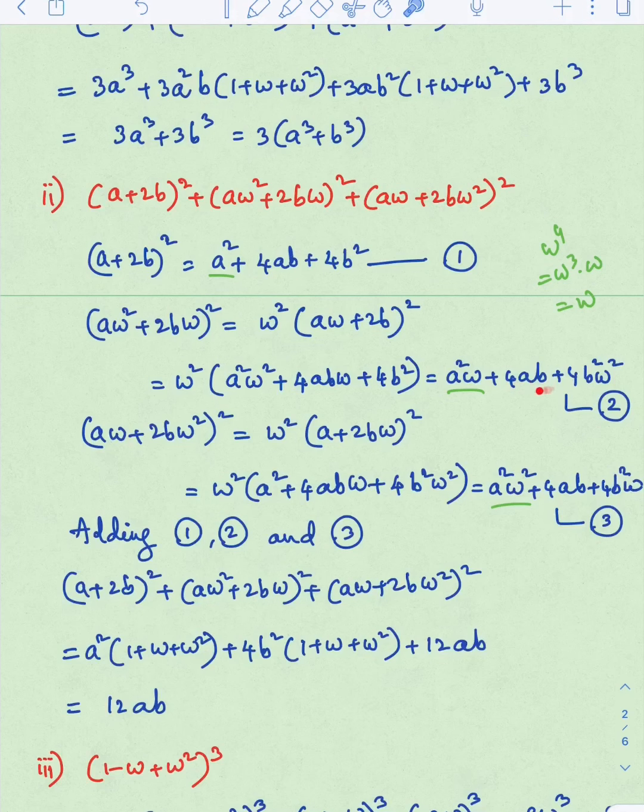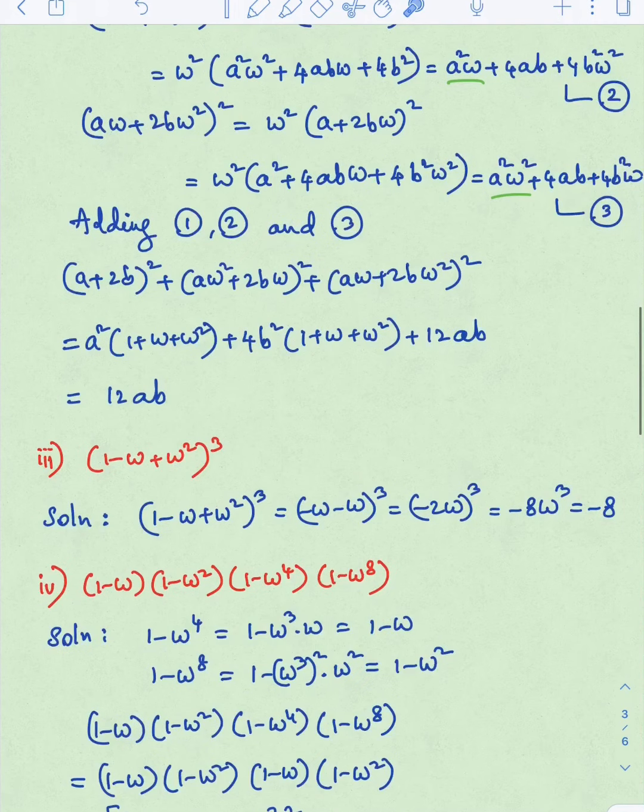This one. Next, 4ab. There are 3 4ab's, that is 12ab total. Next, here also 4b square is common in these terms. You get this step, and it will become 0. 0 into anything is 0. Here also 0. Only 12ab remains, which is the value. That is the answer.